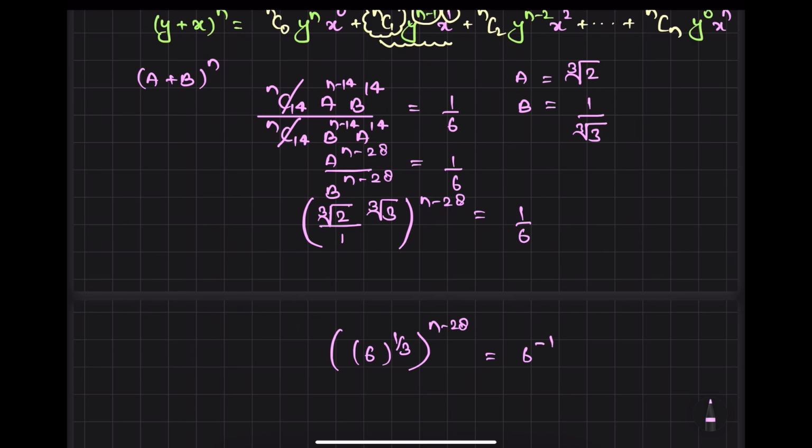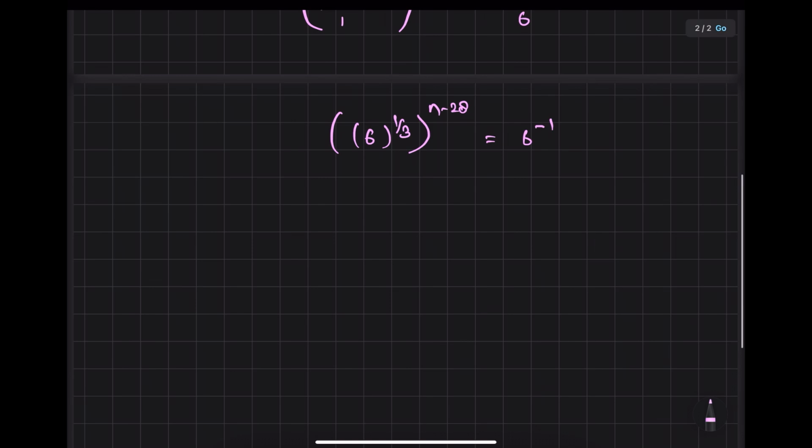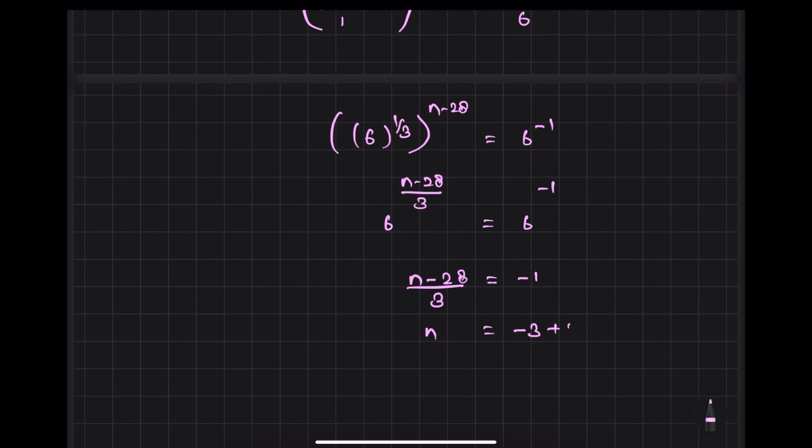Now let's simplify a little bit more. Can I write 6 power (n minus 28) by 3 is equal to 6 power minus 1? Now you know the base is the same, so the powers will also be the same. So n minus 28 by 3 is equal to minus 1. So n will be minus 3 plus 28, which becomes 25.